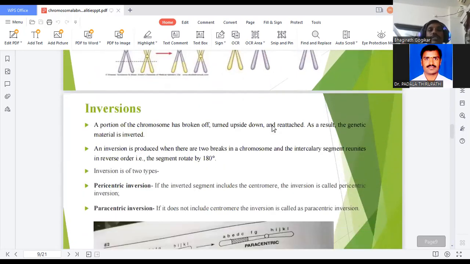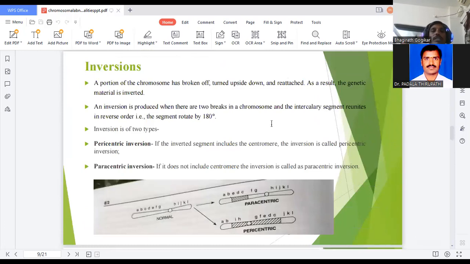So this is translocations. Inversions. The fourth type of chromosomal aberration is called inversion. Inversion means a portion of a chromosome or a sequence of genes in a chromosome is re-altered by rotating 180 degrees. How? Just see here.